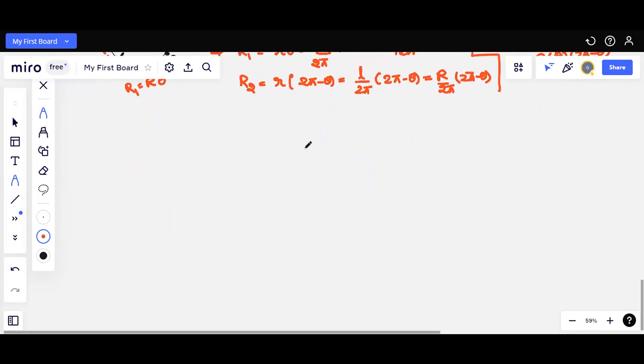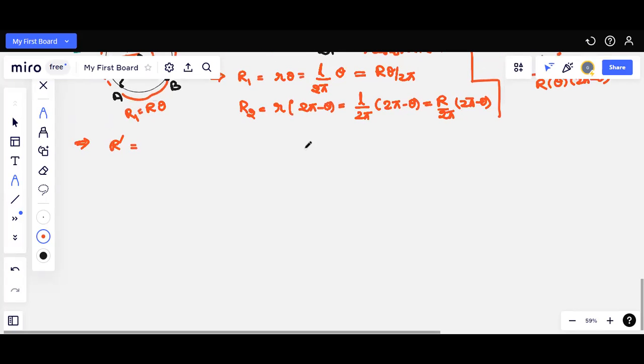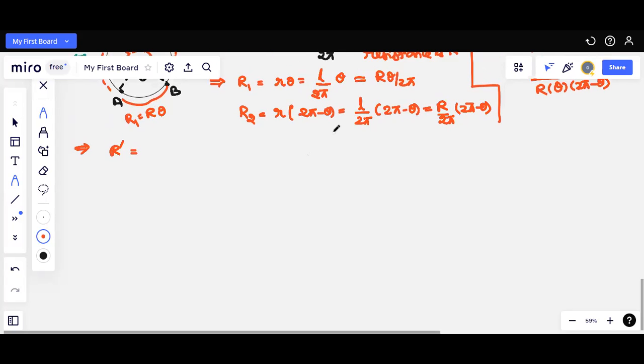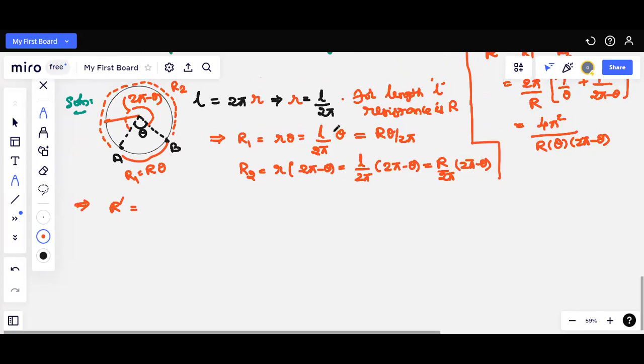That implies r dash equals r into theta into 2 pi minus theta divided by 4 pi square.